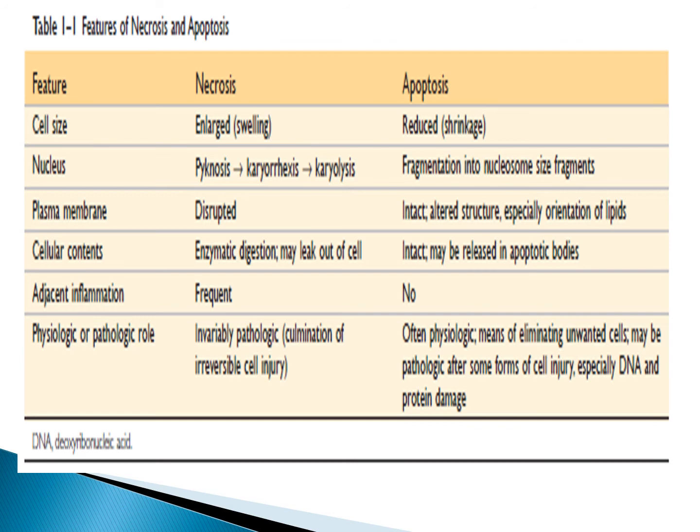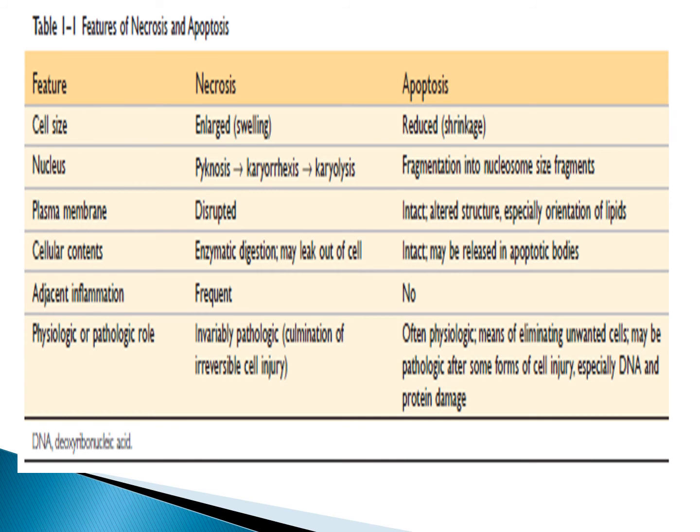But when we come to apoptosis, and you will see in the lecture on apoptosis, the cell size is reduced, there is cellular shrinkage, and the nucleus will undergo fragmentation into small fragments. The plasma membrane is intact, and this is a very important point in apoptosis: there is no disruption of the plasma membrane and the cellular contents stay inside the cell, intact, with no release or spillage to the outside.